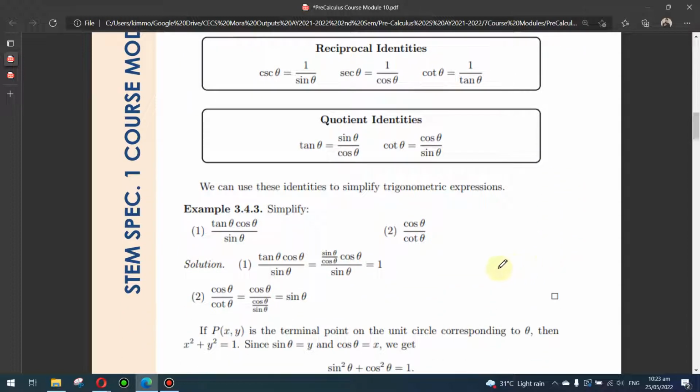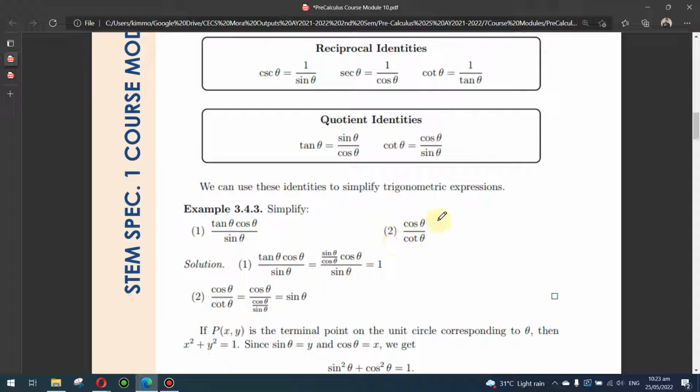For example, we have the expression tangent theta times cosine theta over sine theta, and to simplify it we use the identities we learned, the reciprocal identities or the quotient identities.